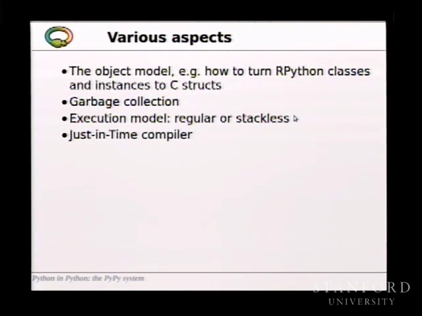In the regular translation model, you translate this into a recursive call at the C level as well. So the stackless execution model corresponds to a transformation that allows you to write C code that is no longer recursive. It involves basically saving away and restoring the state of the local variables.